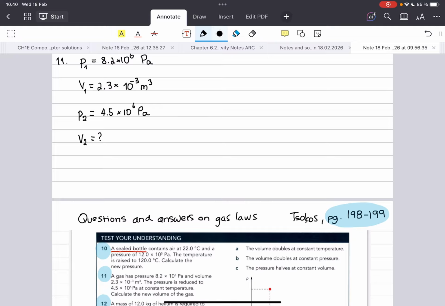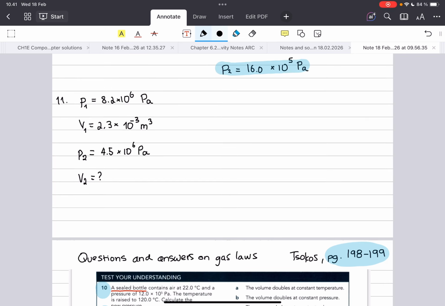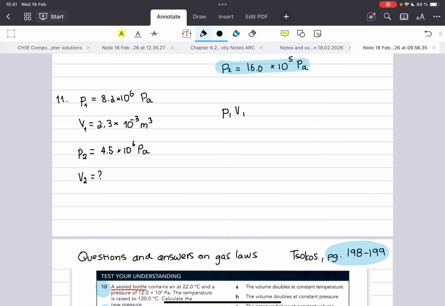And you know that you have constant temperature. It says so, the temperature is constant, and we're talking about the same gas, so therefore you have the same moles, the same amount of substance. So let's find the new volume. Again, P1V1 equals nRT1. P2V2 equals nRT2.